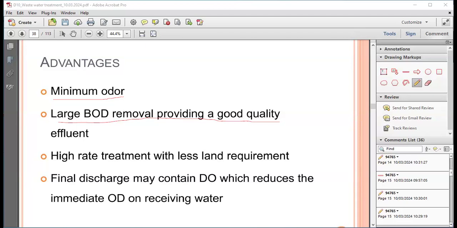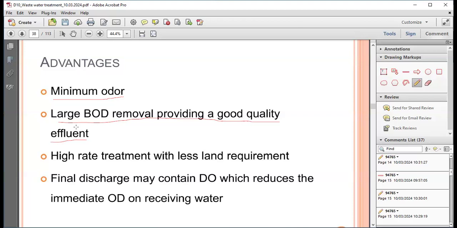So when you have sewage discharged into a river, that is effluent. Good quality effluent. Understand this word, and you can get some idea about effluent.